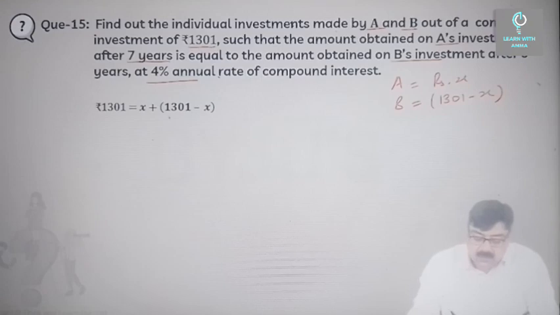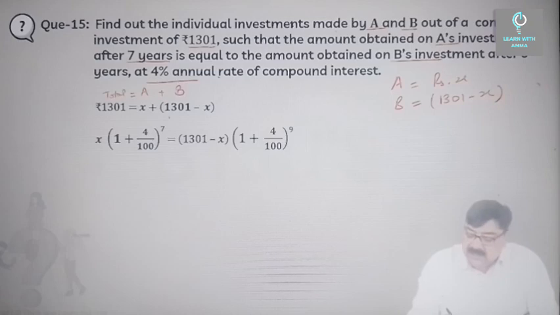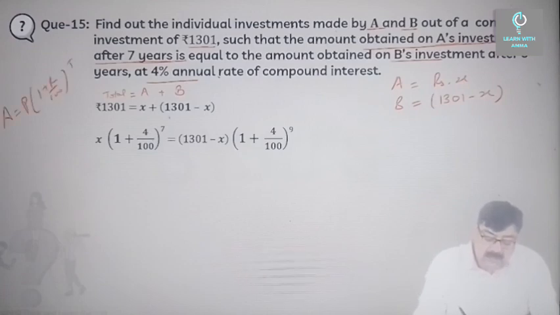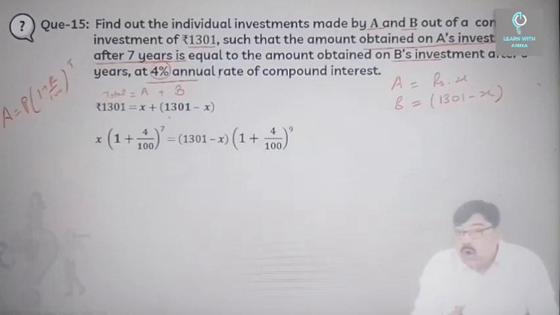Now, this is the total amount, 1301. X is the investment made by A, and 1301 minus X is the investment made by B. Now, it is given that the amount obtained on A's investment after 7 years, so amount we know is nothing but P into 1 plus R by 100 raised to T, which here is 4%, common in both the cases.